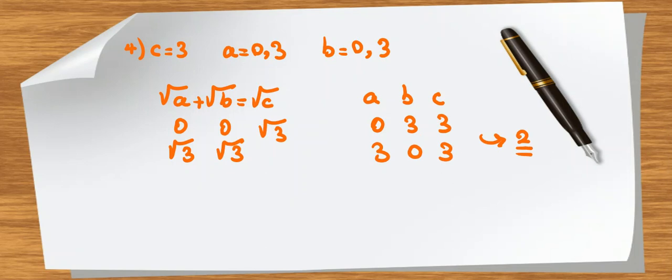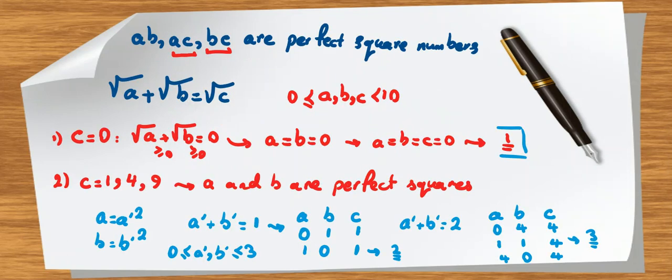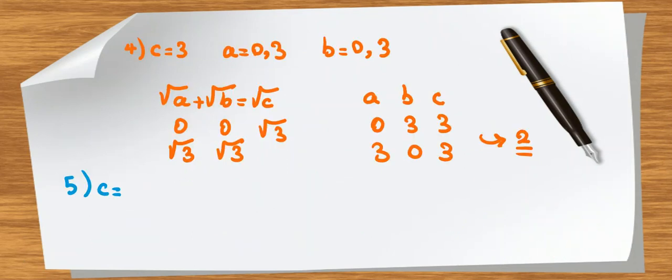Now in the next step, the fifth step, C is 4. We've checked product square numbers. If C is 5, let me tell you something. C 3 is similar to C 5, is similar to C 7. So for C 5, we can say A, B, C are 0, 5, 5, 5, 0, 5.